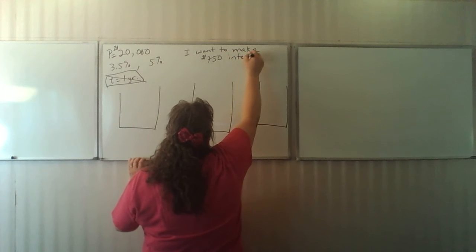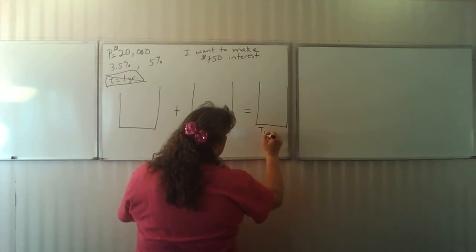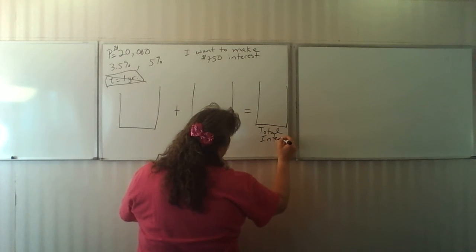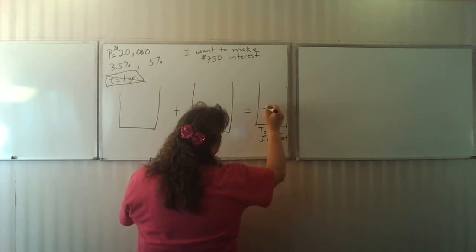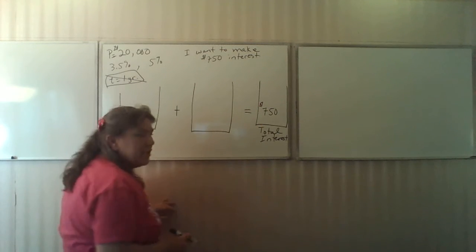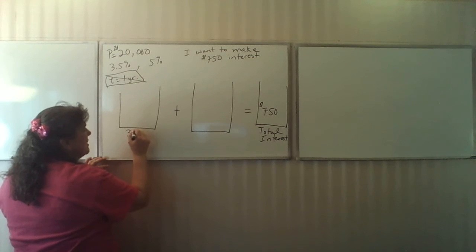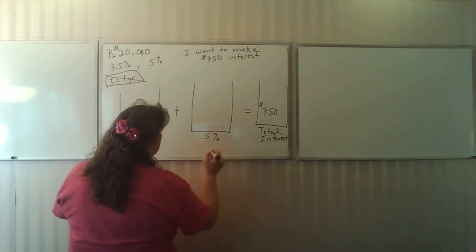Okay? So my interest, this is my total interest bucket. Okay, total interest bucket is going to be $750. That's how much interest I want to gain. So I have a 3.5% bucket and I have a 5% bucket.